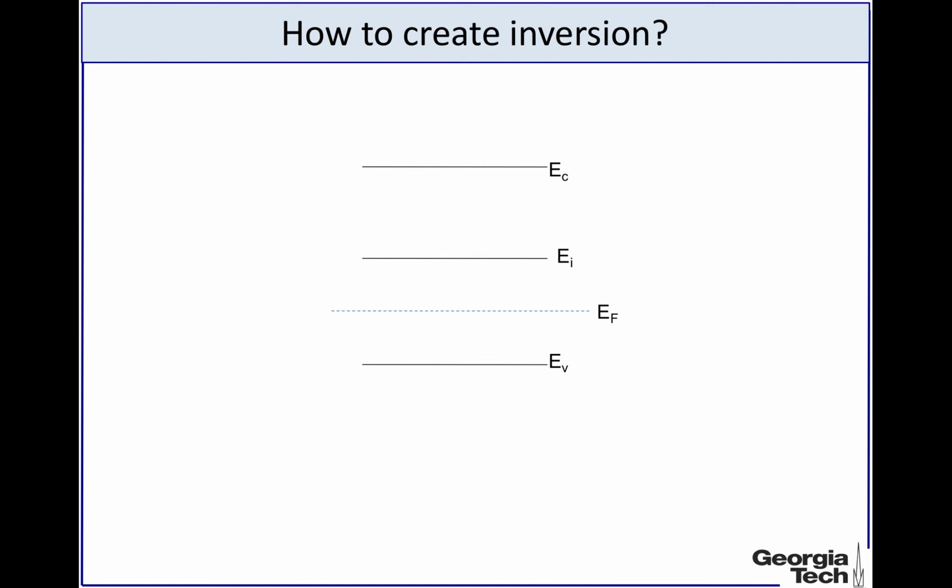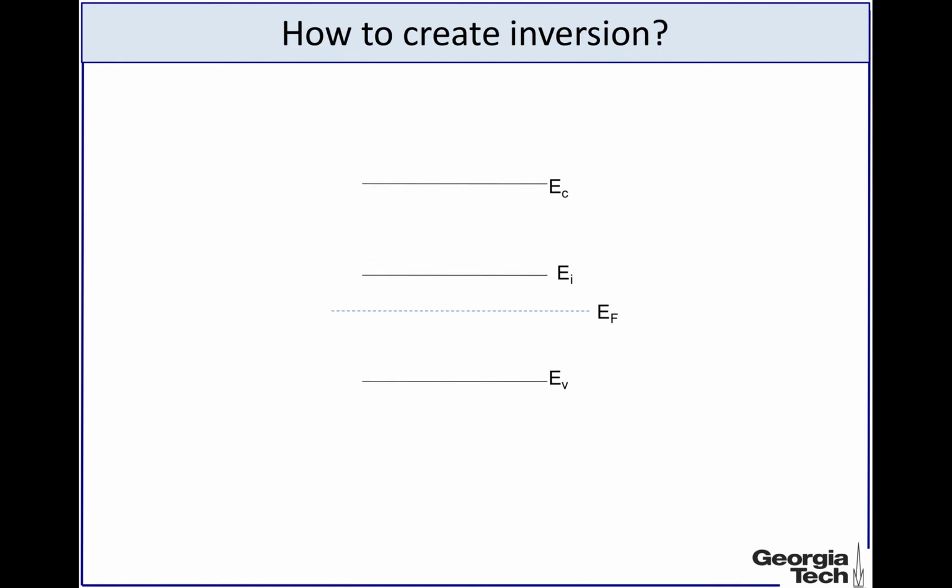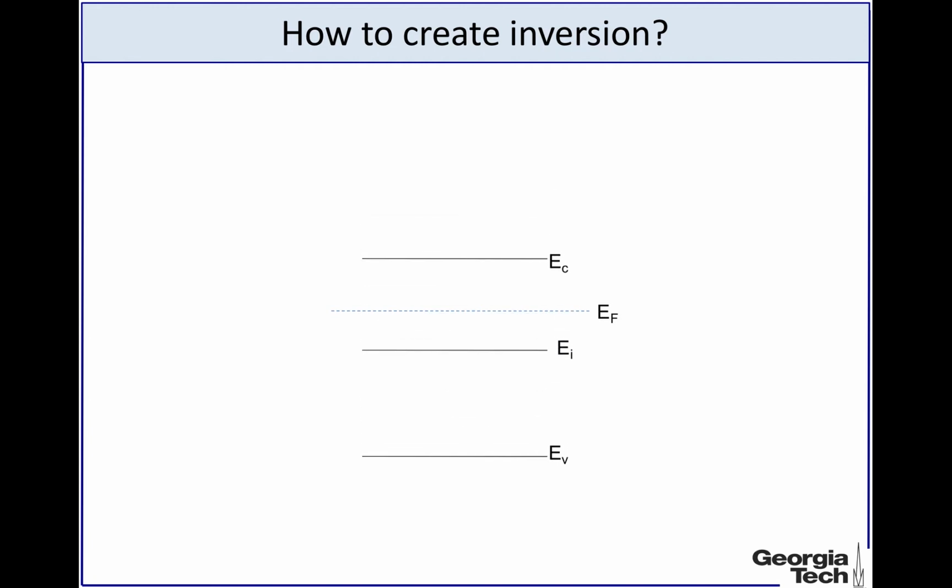To say that again, initially before we have applied voltage, at the interface EF was closer to EV, so it was a proper p-type semiconductor, but as we apply voltage and reach the threshold voltage, EF becomes closer to EC. Now at threshold voltage, how close does it have to become to EC?